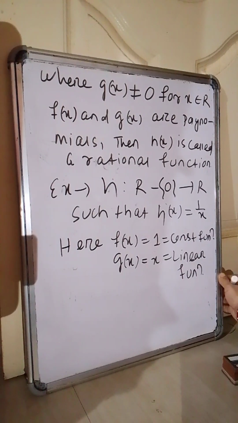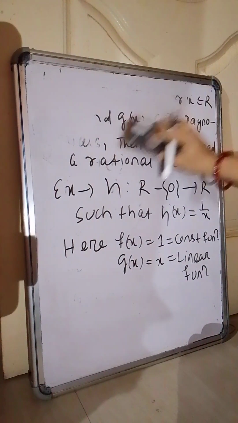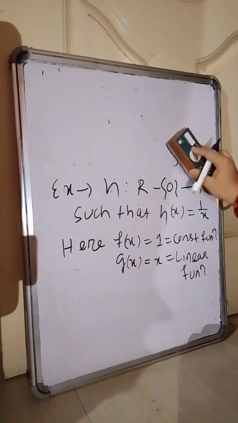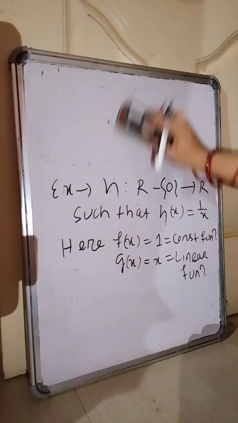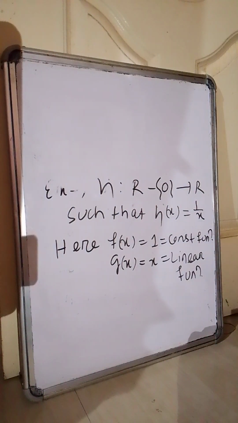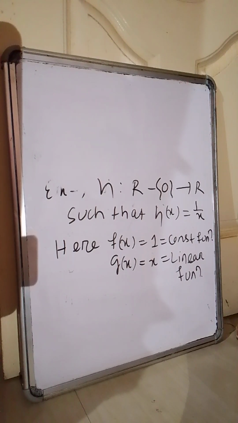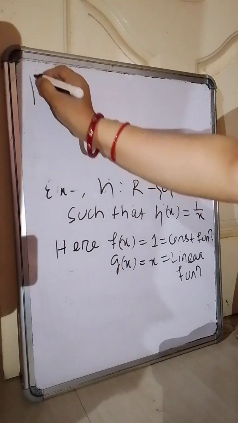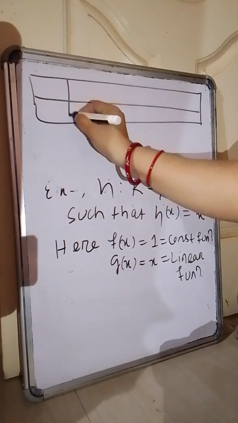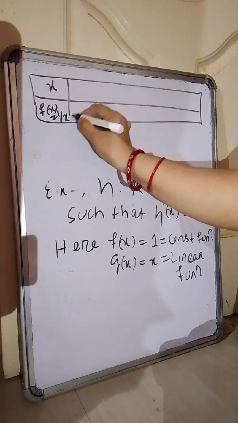Now if you want to draw the graph of this function, then what will be its graph? Let us draw the graph of this function and also find the domain, codomain and range of the function. Now make a table. This is your x and this is your f of x, which is equal to 1 by x.